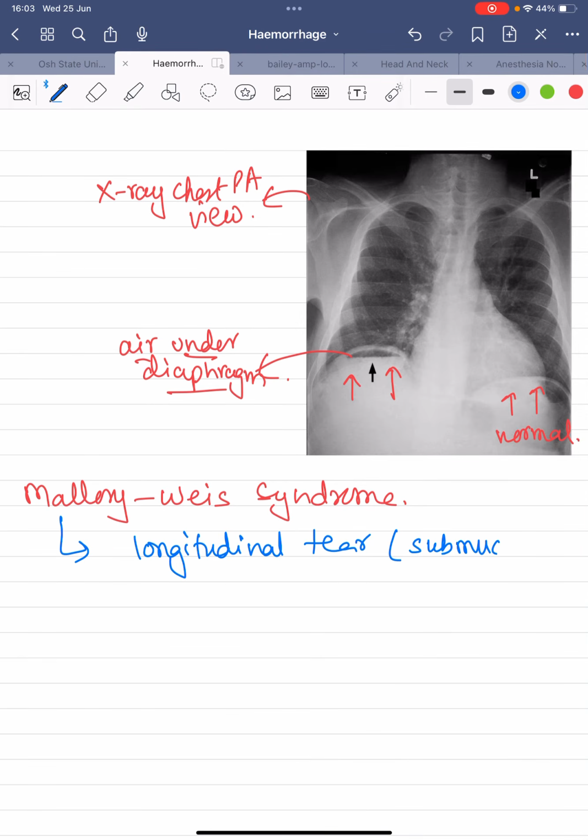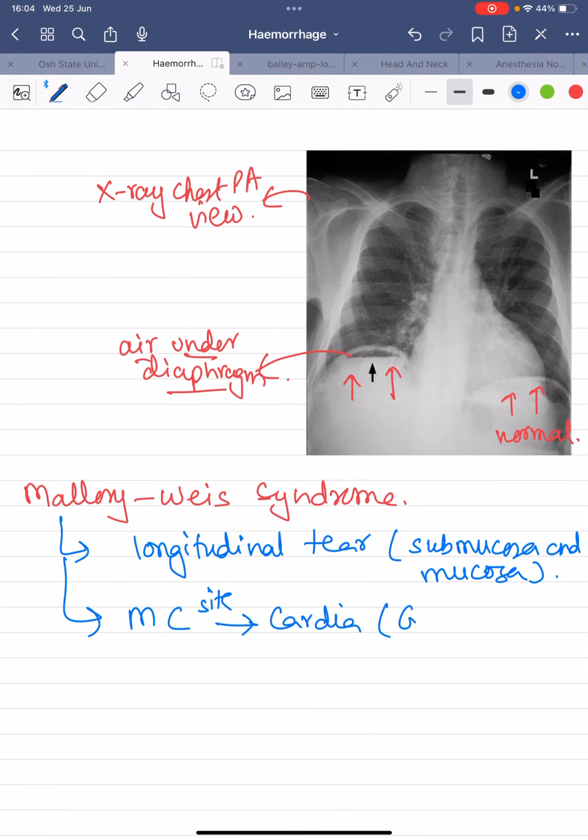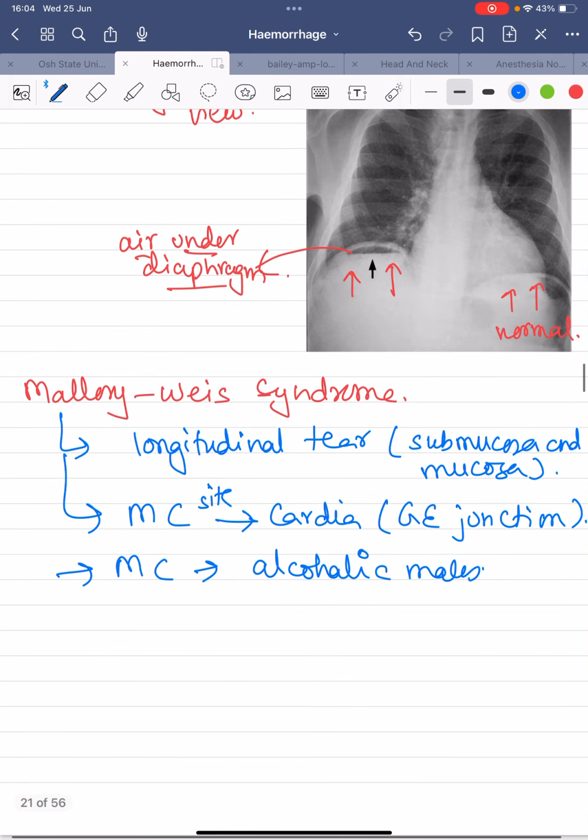Most commonly it is present at the cardia, just below the GE junction, gastroesophageal junction. Most commonly seen in alcoholic males. Risk factors are repeated vomiting, forceful vomiting, retching. All can lead to the formation of a longitudinal partial tear at the GE junction, and the patient can develop bleeding.